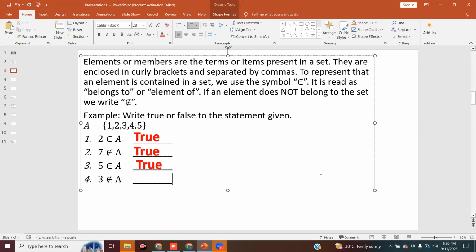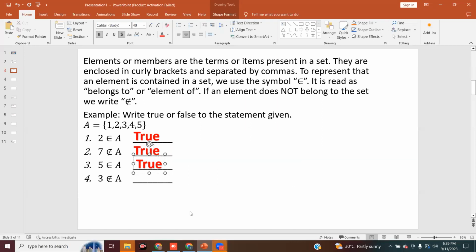Zaria, where's Zaria? Yes, sir. What do you think? 3 is not an element of A. That's true, or I think that's false. Okay. Taya, 3 is not an element of A. What do you think? That's true or that's false? False. All right, let me see what the chat says.